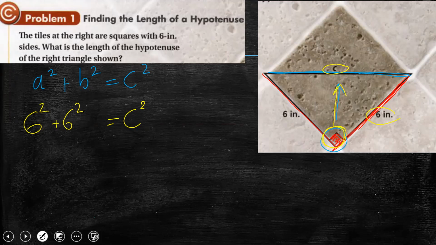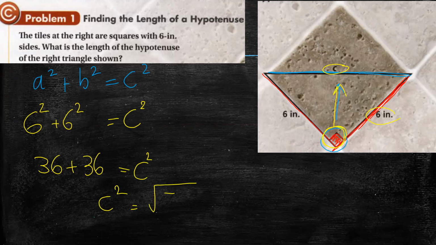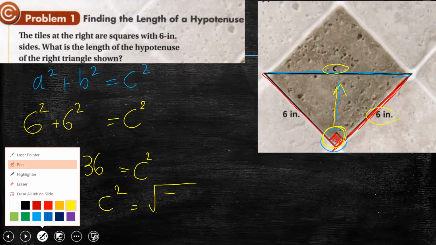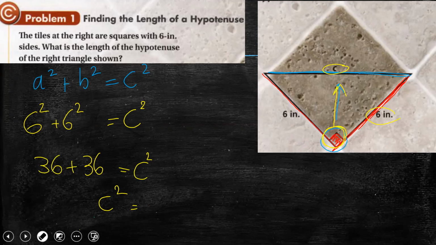Now 6 squared is 36, plus 36 will be C squared. If you add them, C squared will be 72.